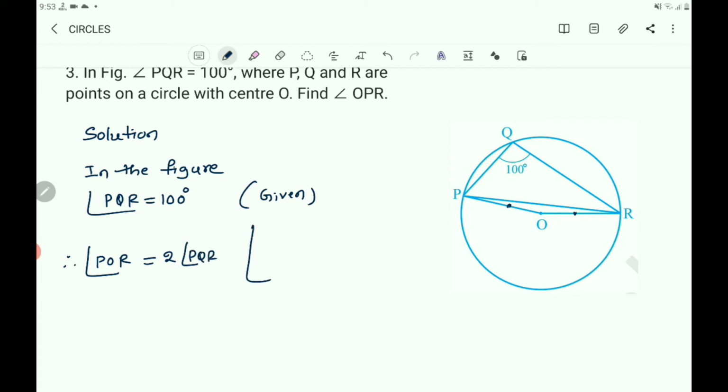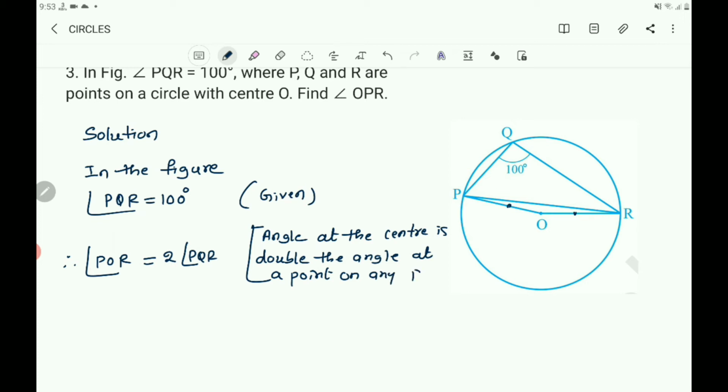Reason: angle at the center is double the angle subtended by the same arc at the circumference, on any part of the circle.